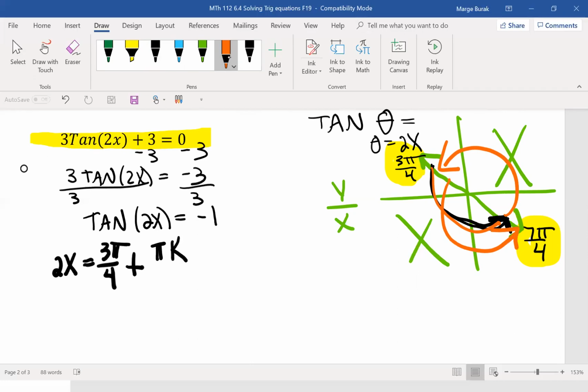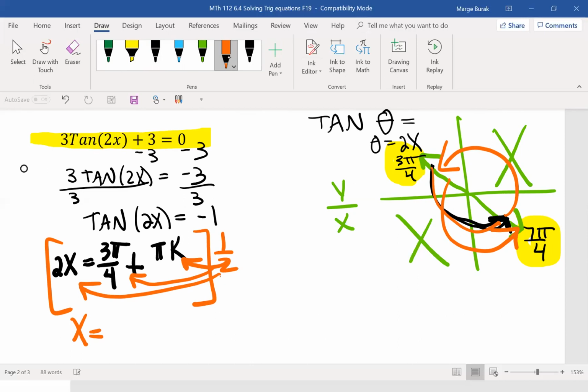Okay, so all I have to do is solve for x. So I'm going to times everything by 1/2 to get rid of that 2. So again, I'm going to distribute here and here and here. So 1/2 times 2x gives me x. 3 pi over 4 times 1/2 is my next value plus, and then I want pi k times 1/2.